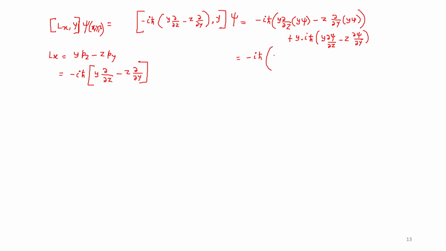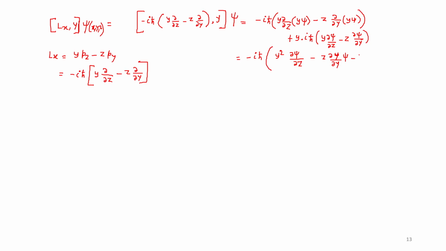So it would be y square, but psi is dependent on z, so y square del psi by del z. What about the next? Y and psi are both functions of y, so it would be interesting. First, it would be del y by del y, which is obviously 1, and psi is there.